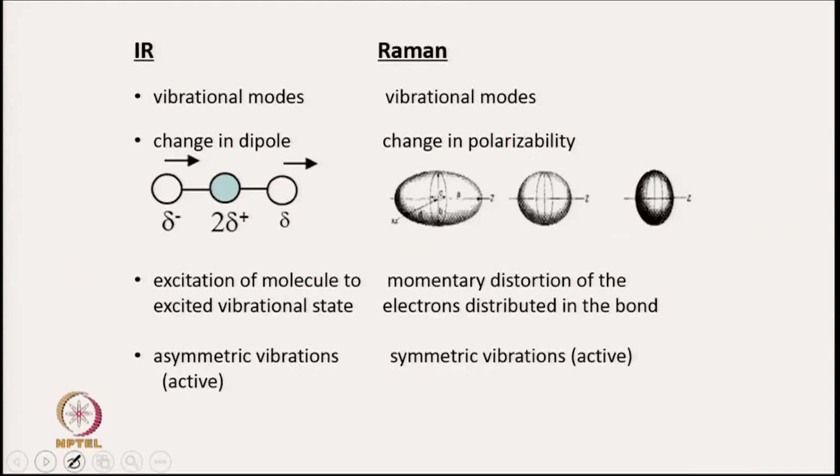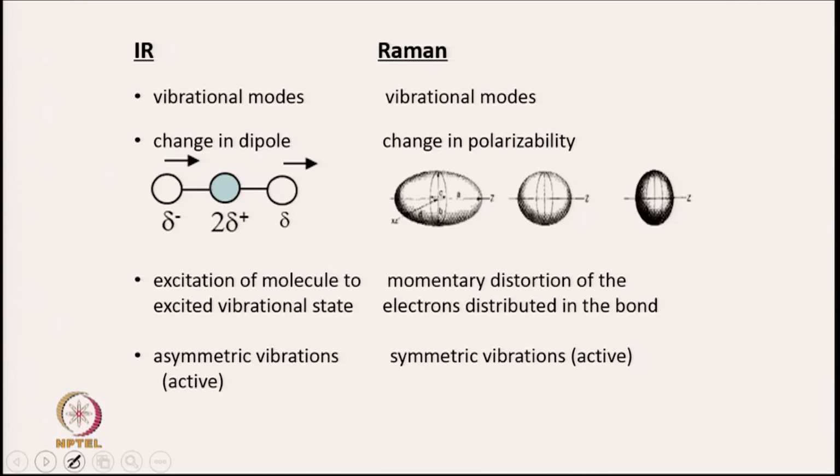We are looking at the vibrational modes only, but in IR change in dipole is important, whereas in Raman spectroscopy change in polarizability is important. We have already discussed Raman a bit in rotational Raman spectroscopy, so I am not going to tell you in detail, but we know that change in polarizability is important for Raman spectroscopy.